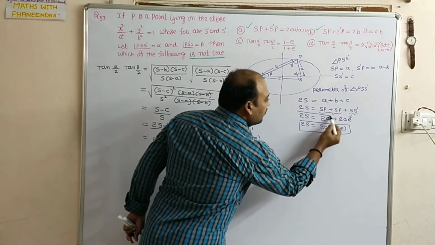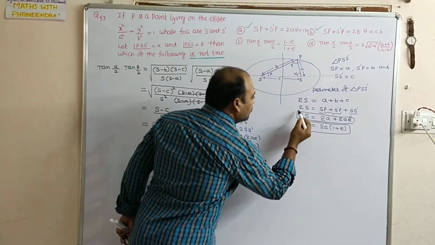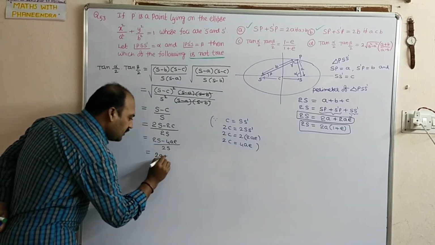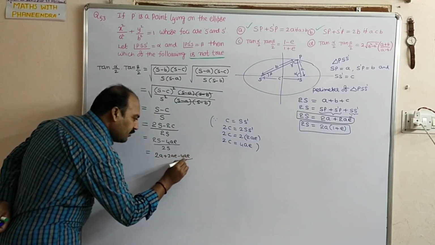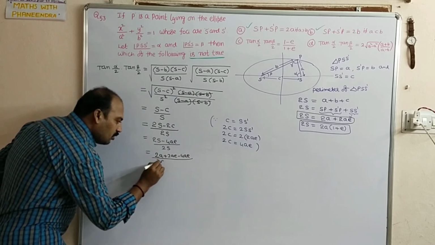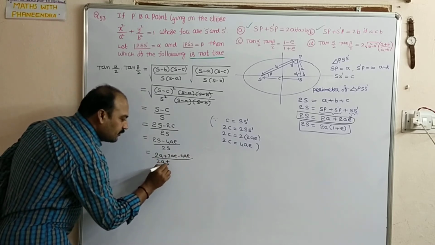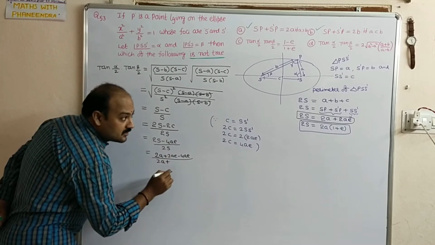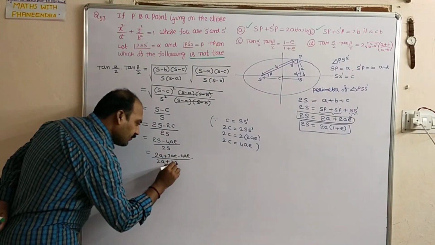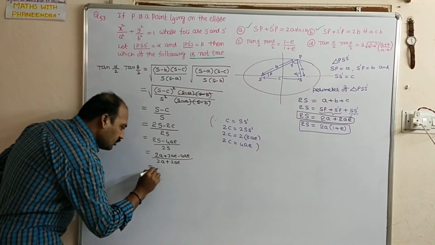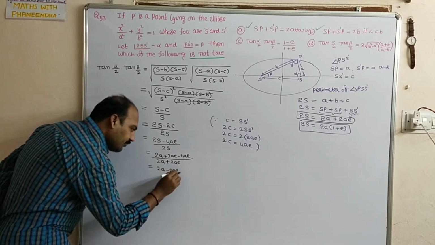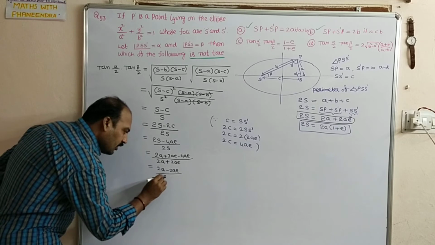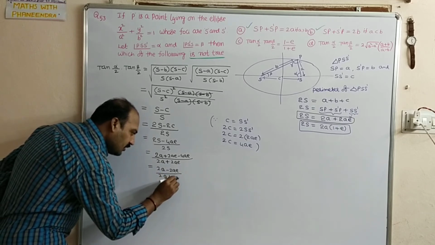So 2A plus 2AE minus 4AE divided by 2A plus 2A plus 2AE, which is equal to 2A minus 2AE divided by 2A plus 2AE.